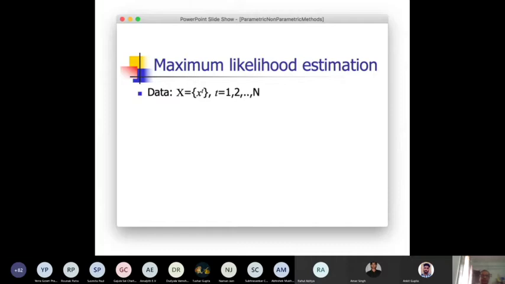We consider this maximum likelihood estimation method. So this is a method. Once again, you see the likelihood we have defined, the likelihood of a particular data. So it is basically the likelihood of data given the model.